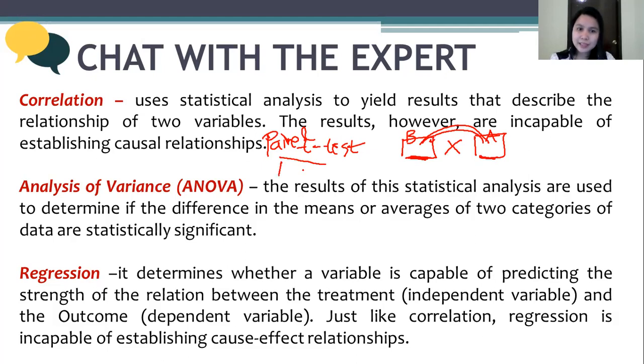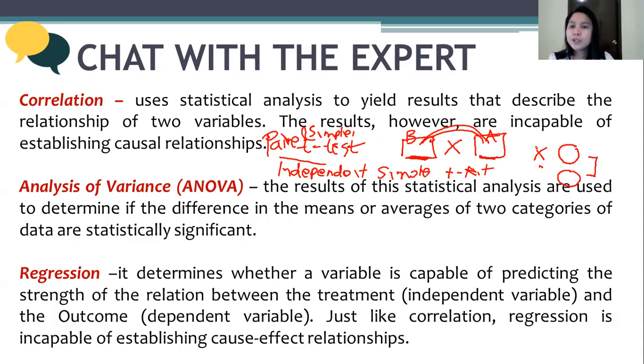Another is the independent samples t-test. Paired samples t-test. Independent samples t-test. Example, one group with treatment, another group without treatment. Then test, we compare the two.